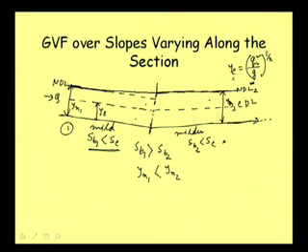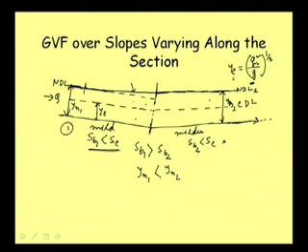So this portion from here to here, I hope you can name this profile now. Zone wise, it is above normal depth and critical depth. That means here normal depth is higher, it is above normal depth, so it is zone 1.